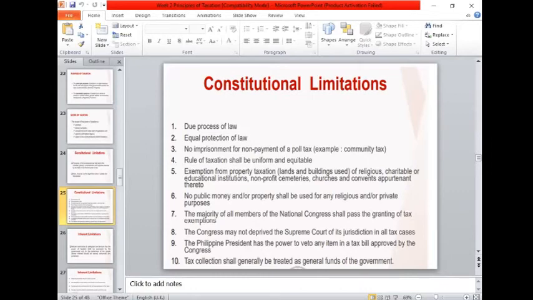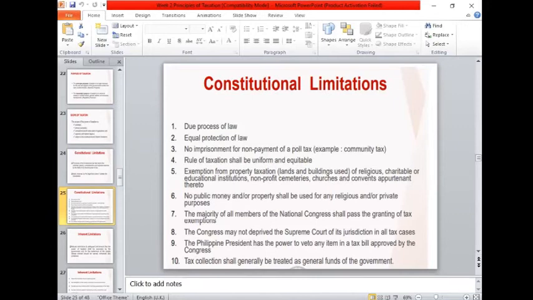on a regular basis. Please take note also that part of the constitutional limitations is that the rule of taxation shall be uniform and equitable. And there will be an exemption to the property taxation of religious, charitable, and educational institutions, and even the non-profit cemeteries, churches, convents appurtenant thereto. No public money or property shall be used for any religious or private purposes by the government.